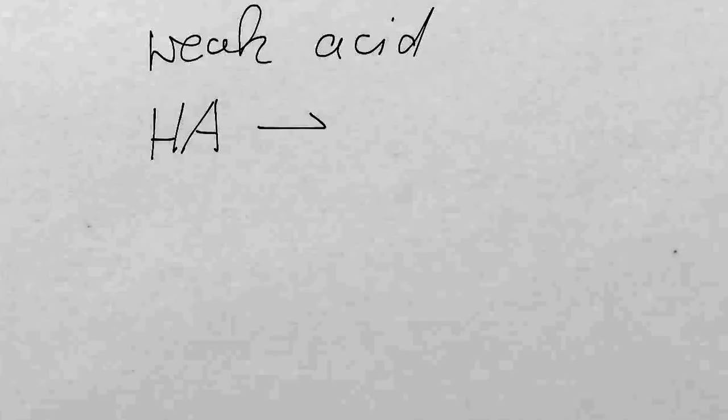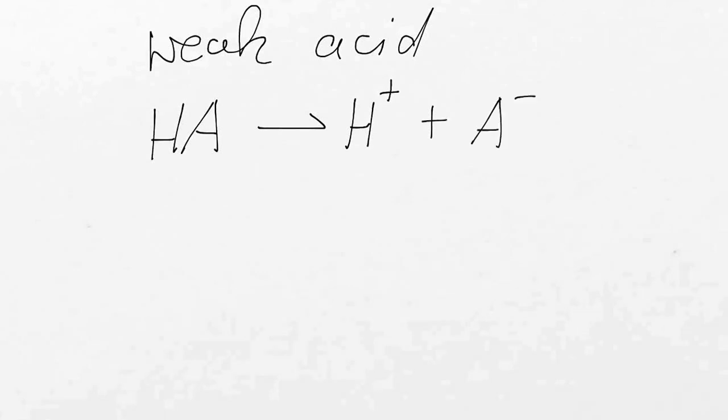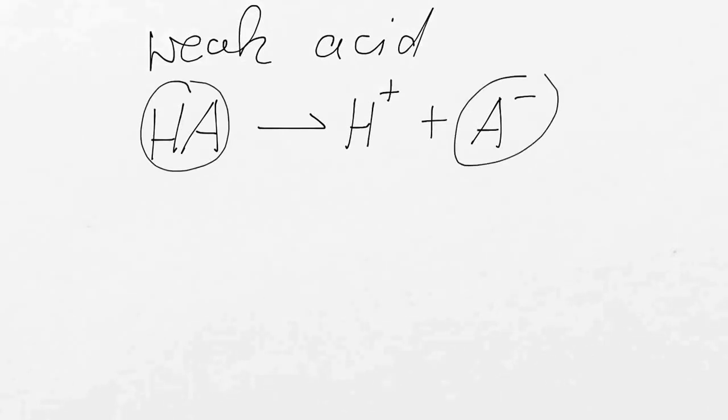I write the H first to indicate it's an acid, HA. Now when I put that into water, a little bit of it will dissociate into H plus, A minus, exactly. That would be the anion. This here is the acid. This is the conjugate base.